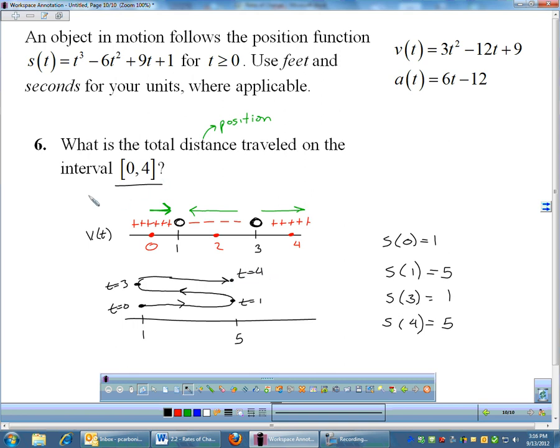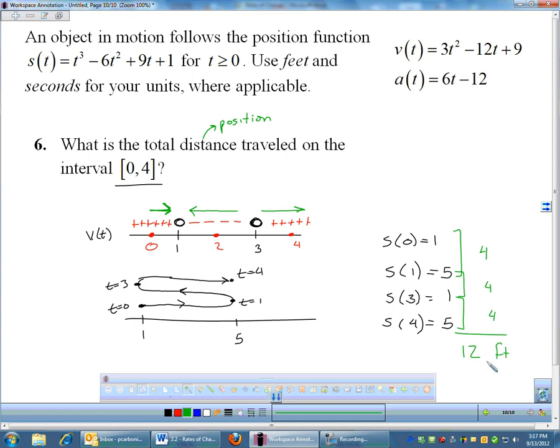So what we initially thought was a total displacement of 4 units, because I started at 1 and I ended at 5, it actually ends up being 12 units, because I went 4 to the right, then 4 to the left, and then 4 back to the right. My total distance traveled is actually 12, and in this case, feet.